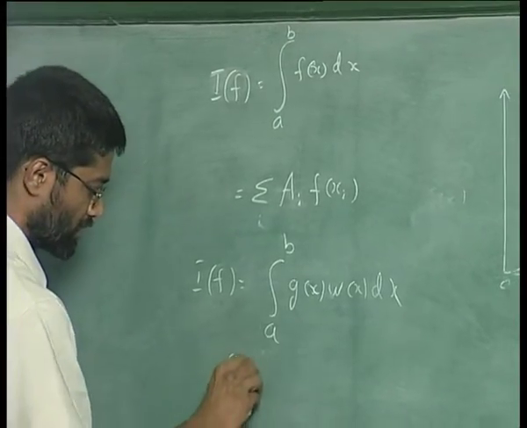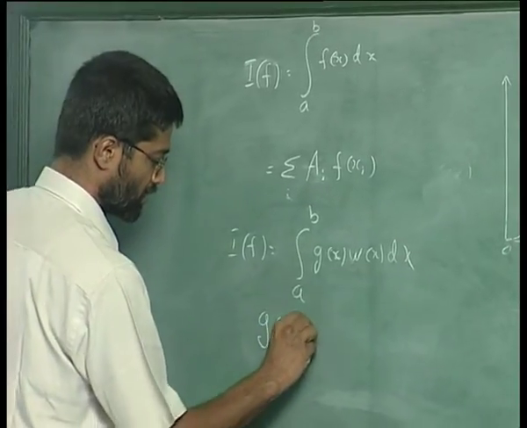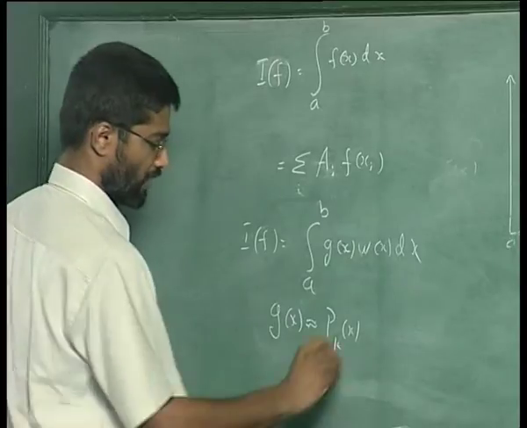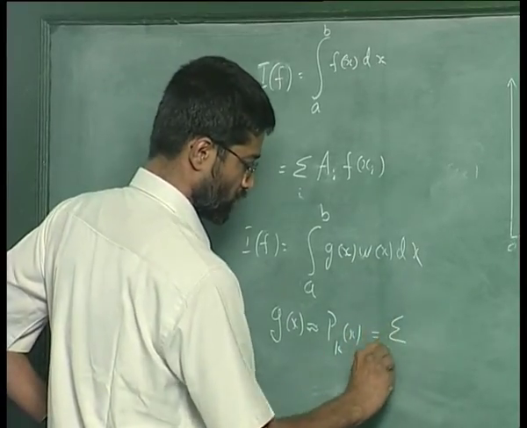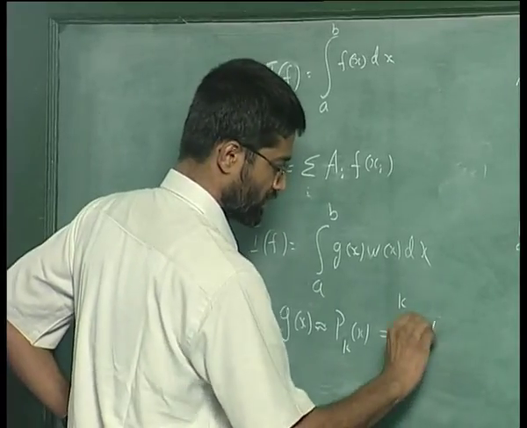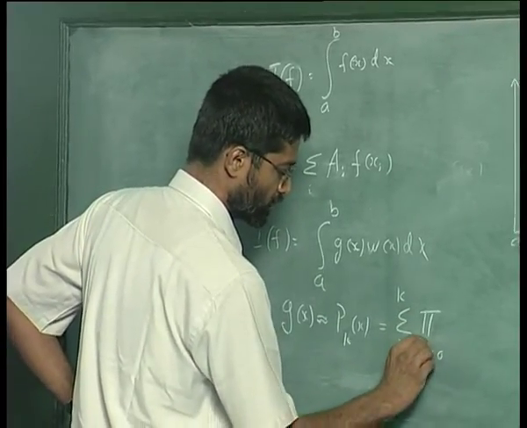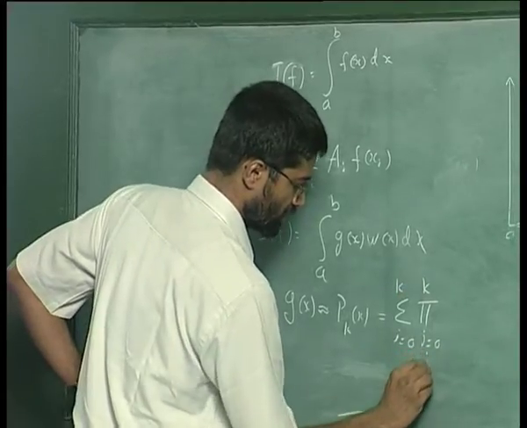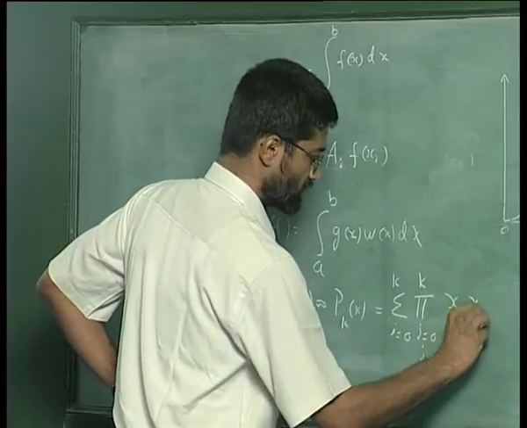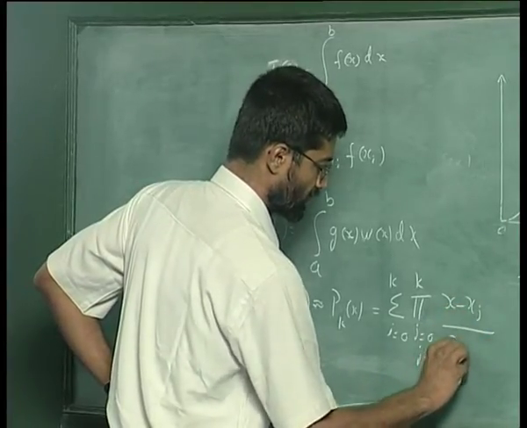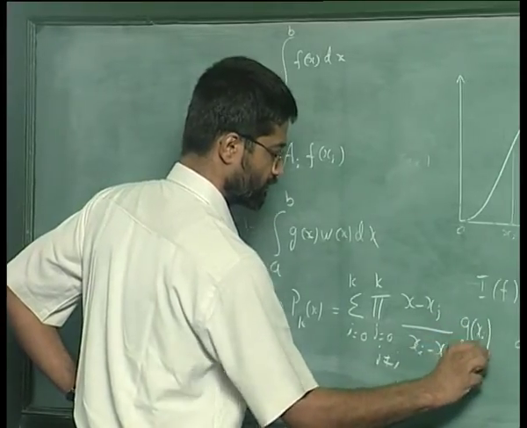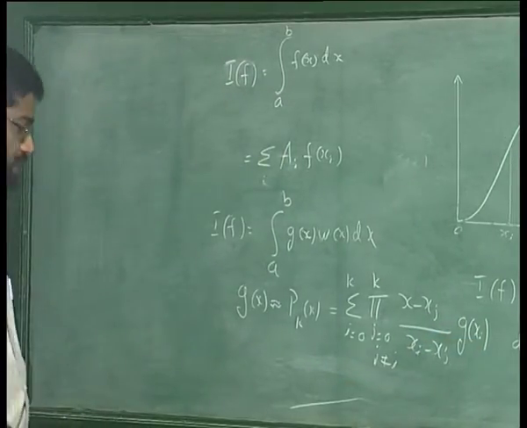So in this method, g is approximated by pk of x, which is given by sum over i going from 0 to k, product j going from 0 to k, j not equal to i, of x minus xj divided by xi minus xj, into g of xi. Okay, so that's the approximation.